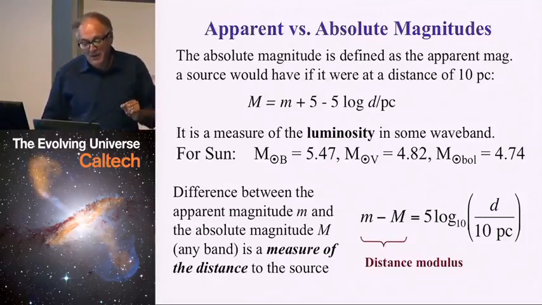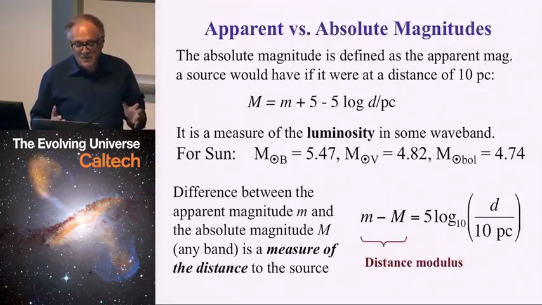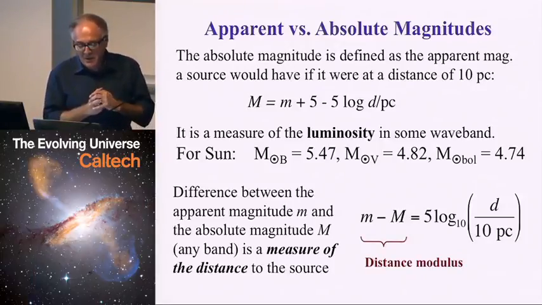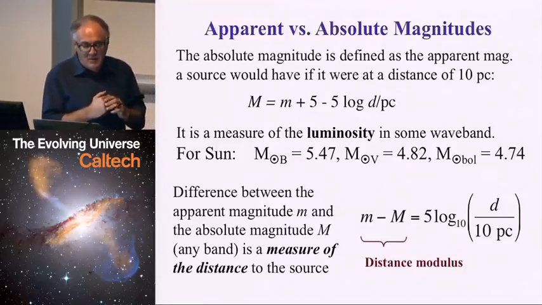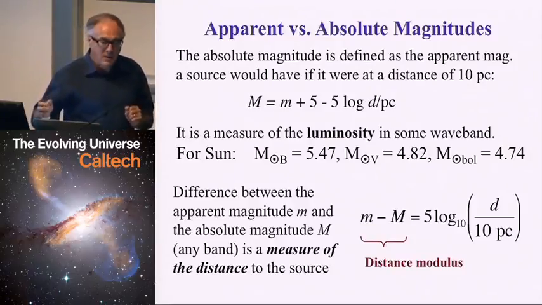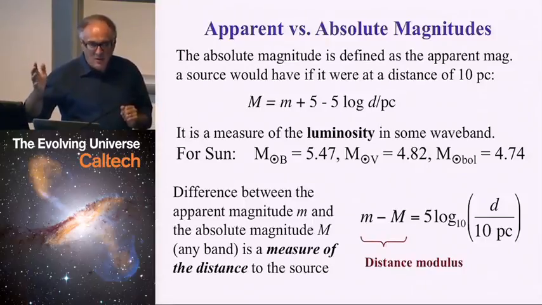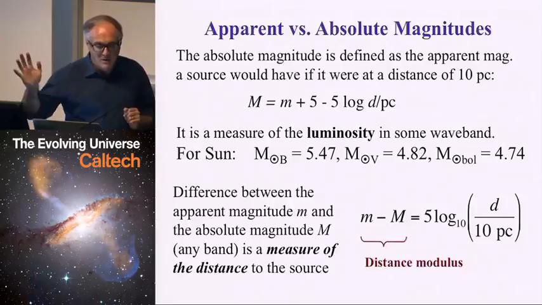And now we can express the distance as a function of absolute and apparent magnitude. Why do we do such a silly thing? Because you can calibrate for a certain type of object. What are their absolute magnitudes? Say, stars of a given type. Because of their color or spectrum, somehow you know that this kind of star we have established is 365 times the luminosity of the sun, whatever.